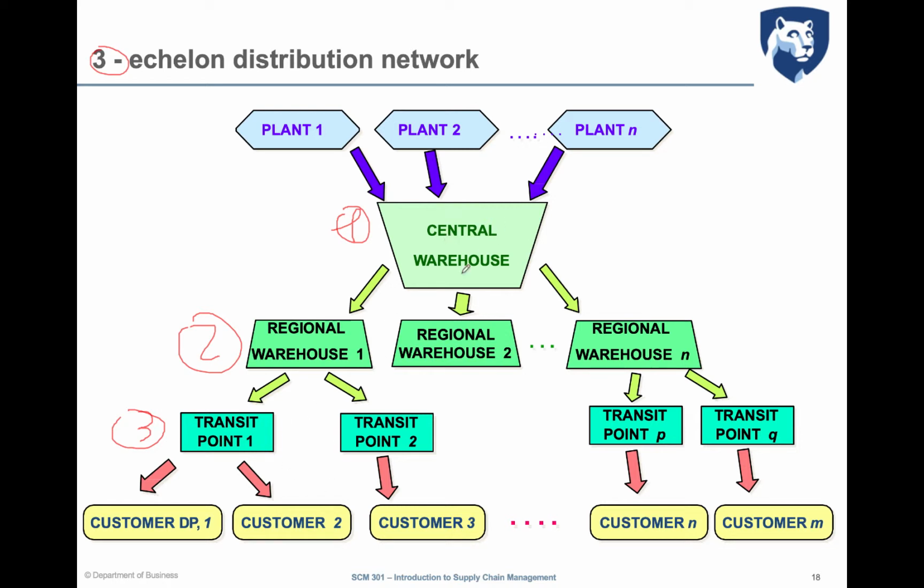In these cases, the central warehouses are very far from the final market, which is the case for most fresh food companies, because they are centralized, for example, in Italy or in the United States, but they sell worldwide. They have regional warehouses which are then followed by transit points.